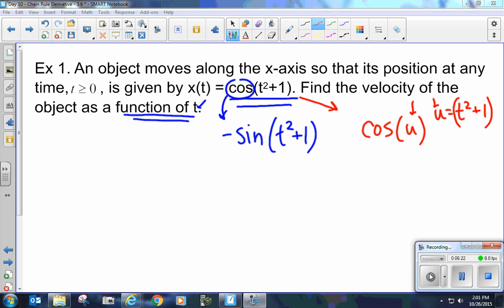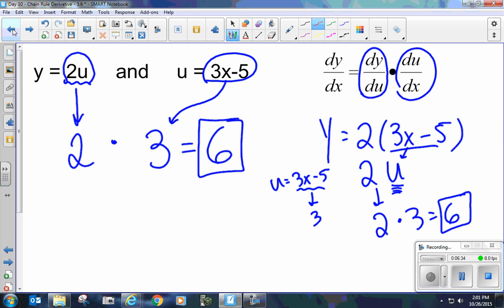Now the derivative, if that was just cosine of x, that would just be negative sine of x, or in this case, u, wouldn't it? But don't forget, my chain rule tells me, not only do I need to take that derivative, I also got to multiply it by the derivative of whatever u is. We can also call that u prime, right?